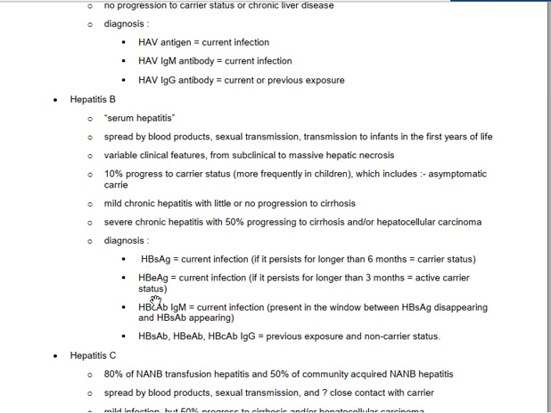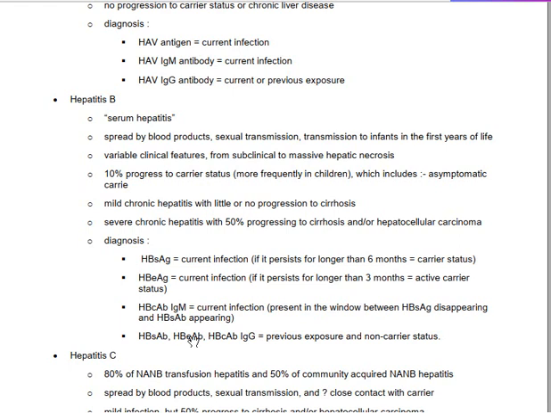Is it clear? So when you see the hepatitis B core antibody immunoglobulin, it means that there is a current infection. The core immunoglobulins are mostly divided into two: the IgM core immunoglobulin and the IgG core immunoglobulin. The IgM core immunoglobulin just tells you that it's a current infection, while the IgG core immunoglobulin means that it is a past infection.